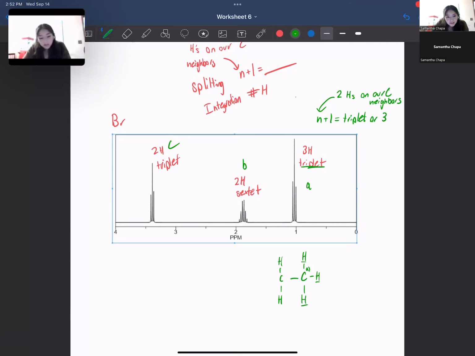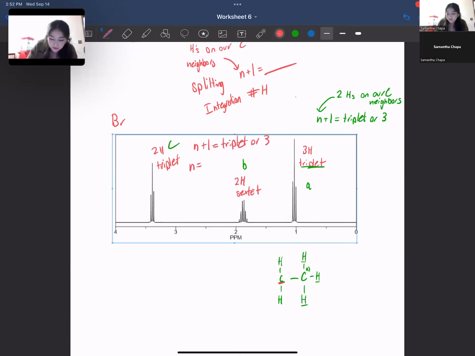We want to look for the next carbon that we're talking about, this carbon right here. The first thing we look at is the integration, so something with 2 hydrogens, and both B and C are giving us 2 hydrogens. Then the next thing we look at is the splitting pattern. So let me highlight this. This carbon can't be a triplet, because a triplet tells us that we have how many neighbors?